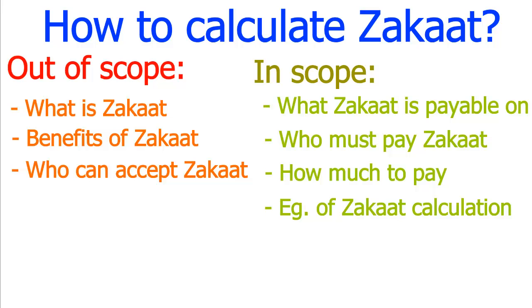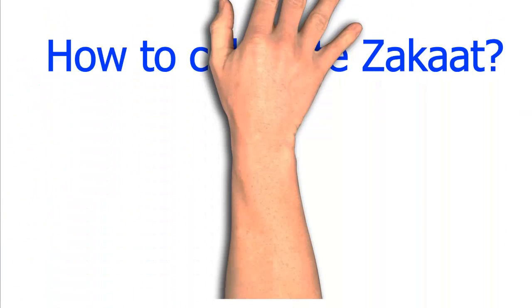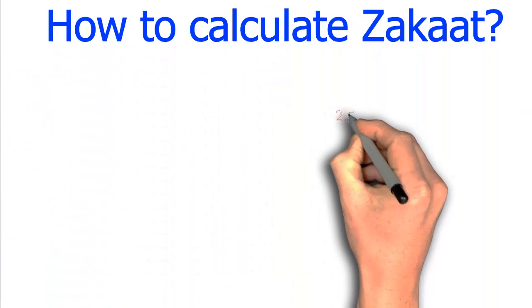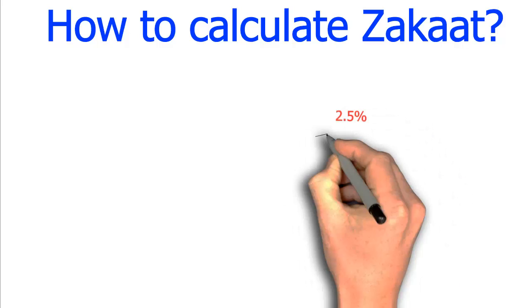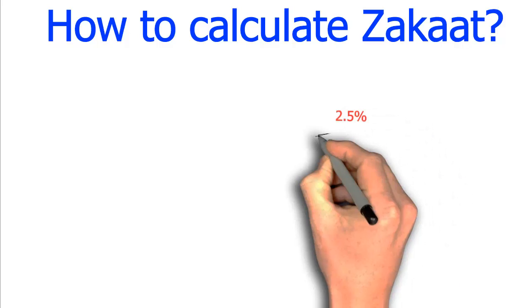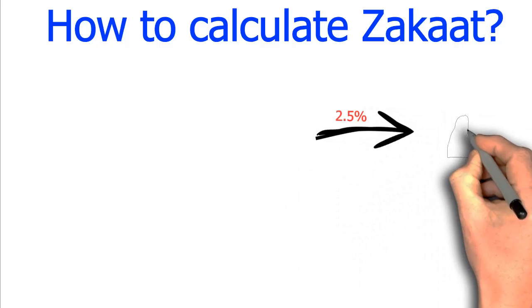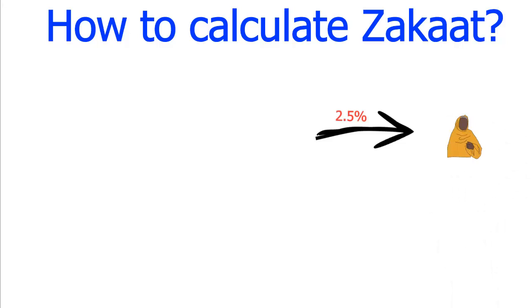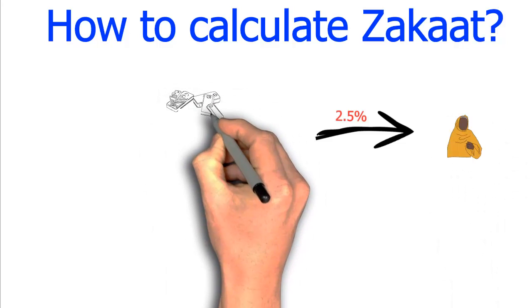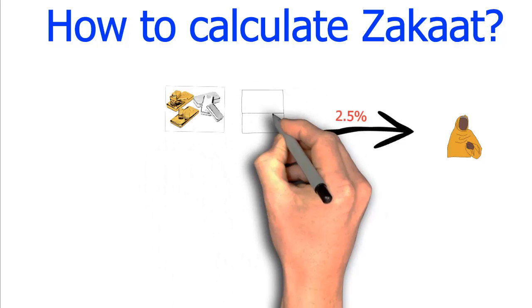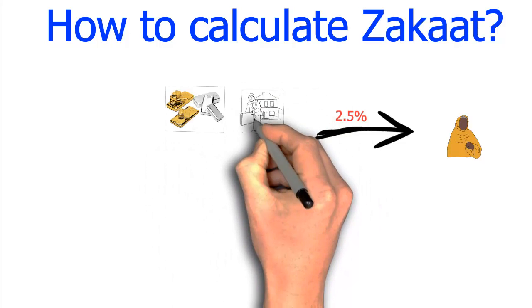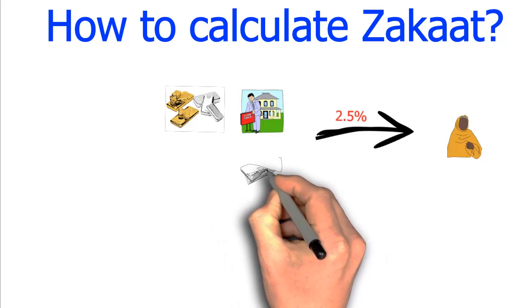So let's begin. How to calculate zakat? Well, that's the easy part, right? Basically put, it's 2.5%. You get 2.5% of your assets and you give it to someone that needs it. But 2.5% of exactly what? Well, that could be silver, gold, property that you've bought with the intention of reselling it.